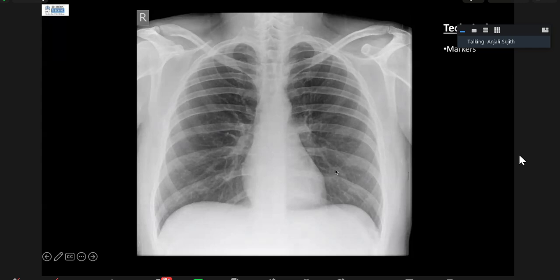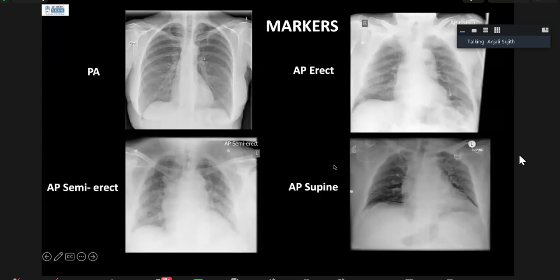Okay. So moving on to the other markers, so this is a PA view we just saw. There is no other label on it apart from the side mark L. And you can see an AP erect label here. This is an AP view. This is a supine view. There is a marker here which says supine.